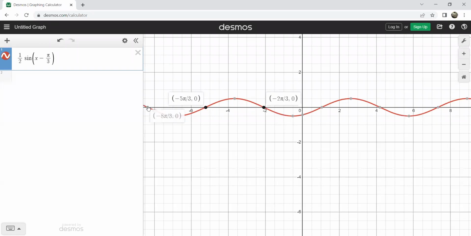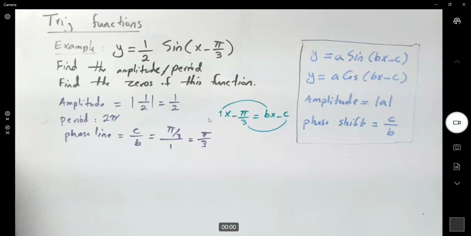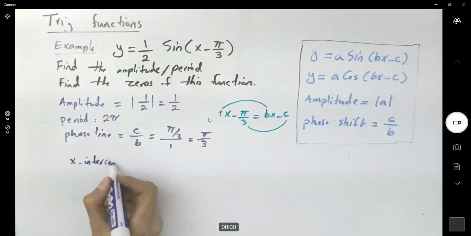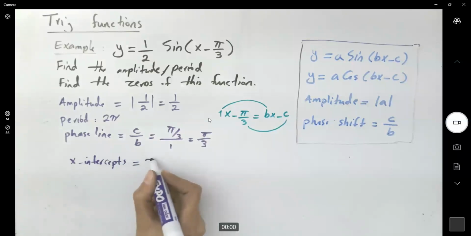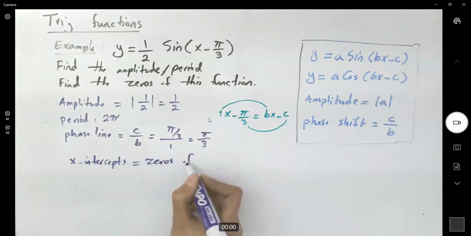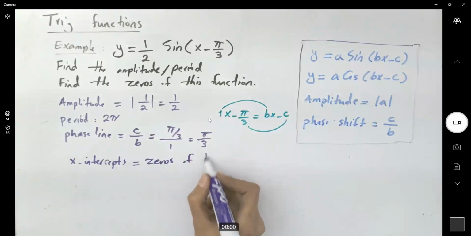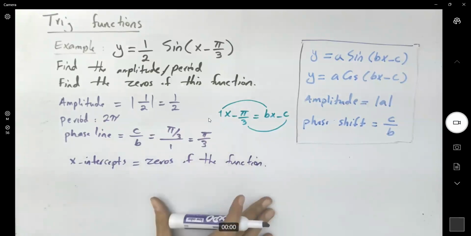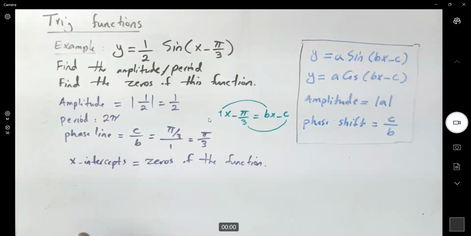Okay, so how do I find them? Let's go back to the board. X-intercepts are zeros of any function. So if you have a function and I ask you to find the x-intercepts, you quickly say, hey, I just need to find the zeros.